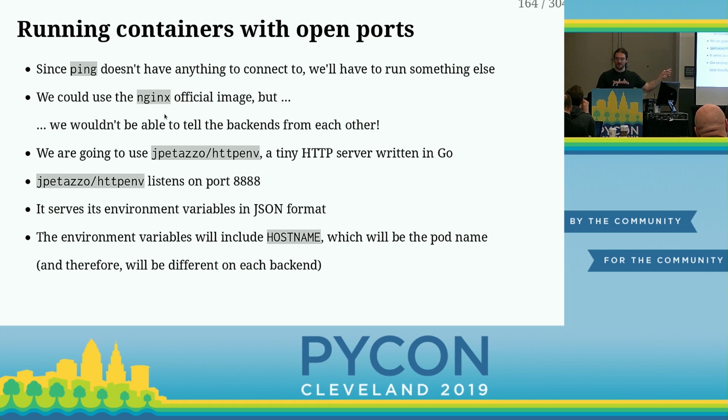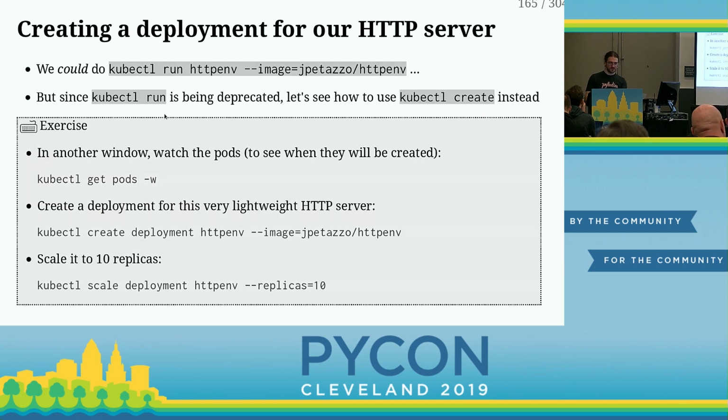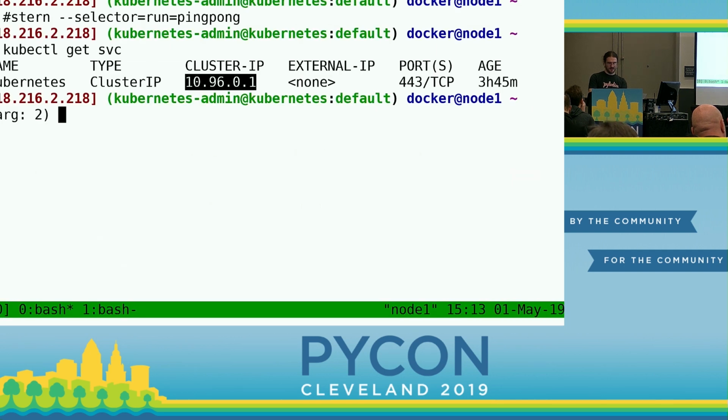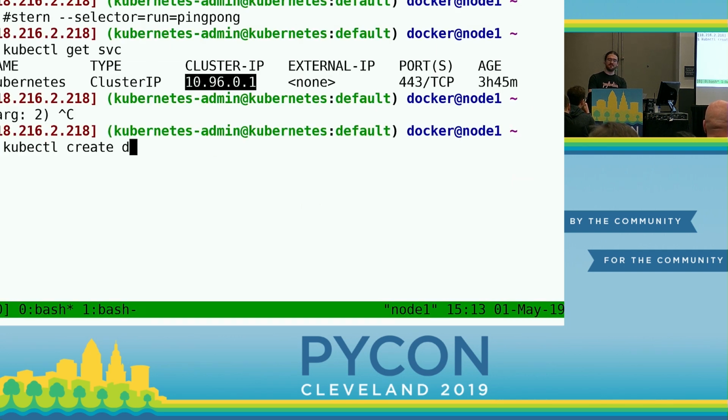So this http-env little service will show its environment, including the host name, and so that will show us which pod served the response. Right, so I'm going to do kubectl create deployment. I will call that http-env, and then I have to indicate which image I want to use. So image jpetazzo/http-env.